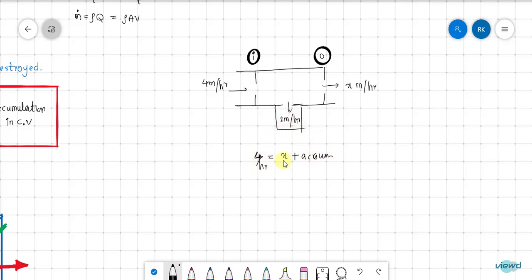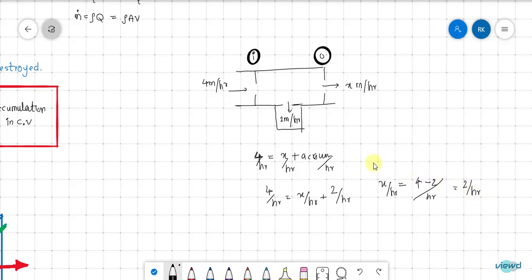So 4 per hour is equal to X members per hour plus accumulation. How many members are accumulating? 2 members per hour. So members leaving per hour is equal to 4 minus 2 per hour. So 2 members per hour are leaving.